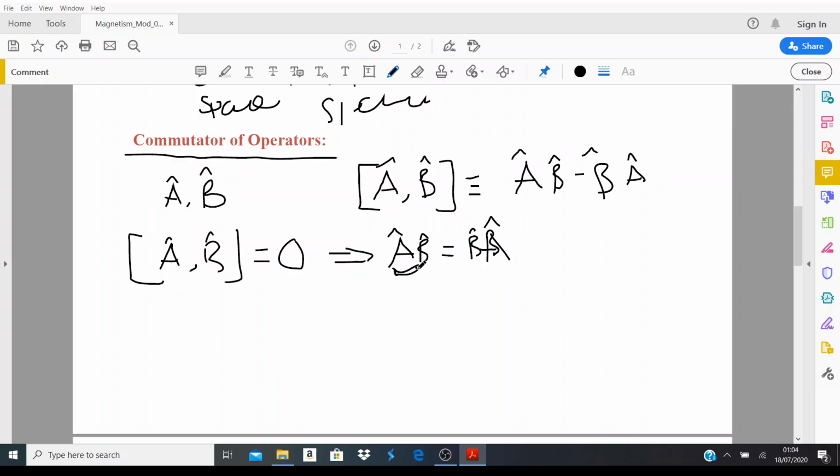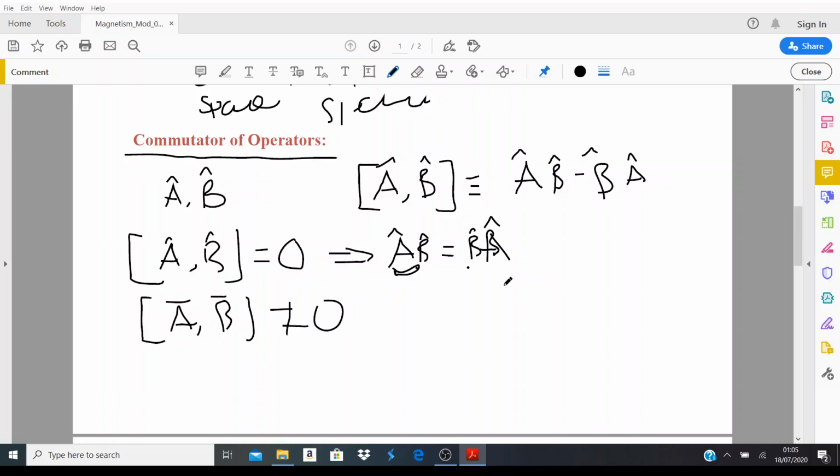That's the important message. If two operators commute, meaning that the commutator of A and B is 0, then you can interchange the order of the operators. That's the central point. But if the commutator is not 0, you cannot change the order, right? Because it is not 0, and then you need to take special care.